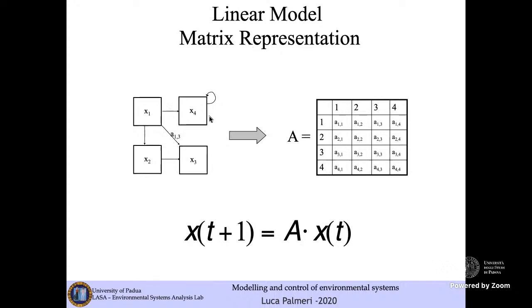So we identify 4 boxes, let's say 4 compartments, and each compartment is described by a state variable. x1, x2, x3, x4 are the 4 state variables describing the various compartments. One compartment may be, for example, chlorophyll. Another compartment may be nitrogen. Another compartment may be phytoplankton. Another one may be fishes, and so on.